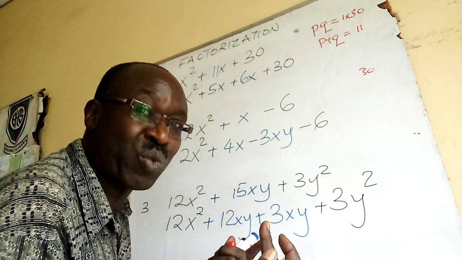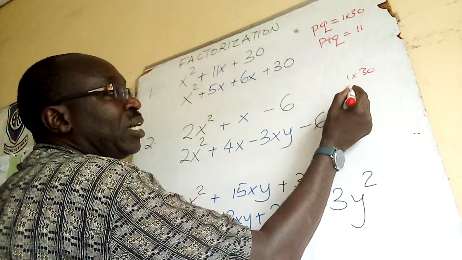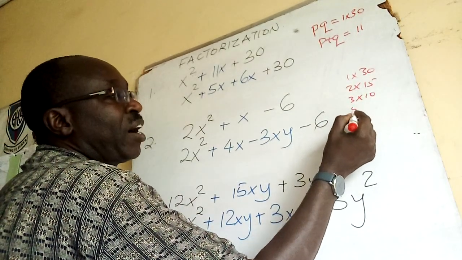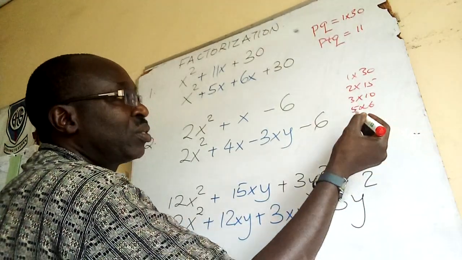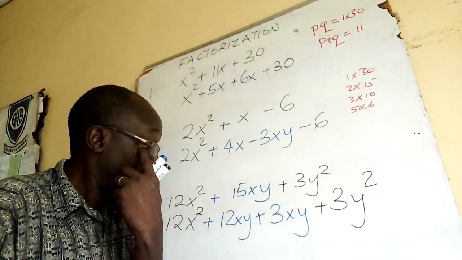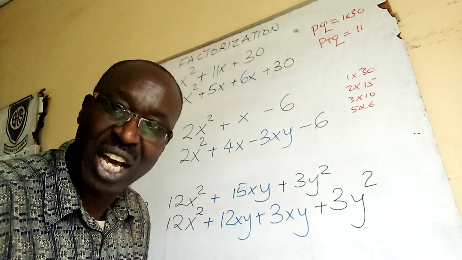We are trying to get a quick method. So 30 can be 1 times 30, 2 times 15, 3 times 10, 5 times 6. Don't repeat 6 times 5. Don't repeat 10 times 3. I've already written them. So these are the factors that can give you 30.